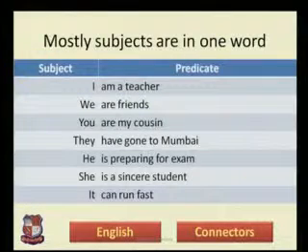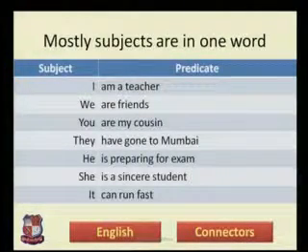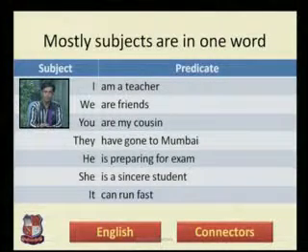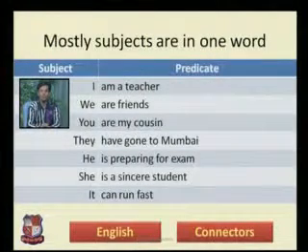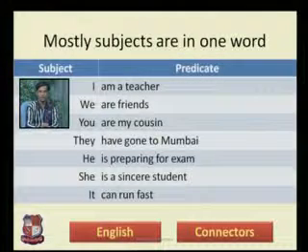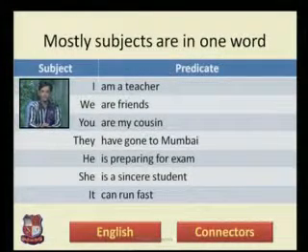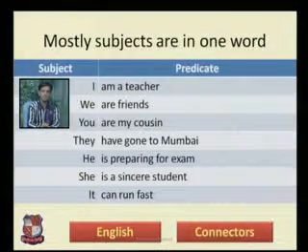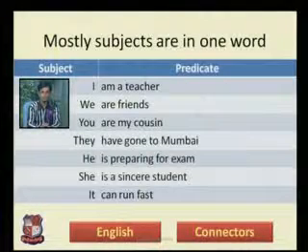Second sentence, we are friends, wherein we is a subject, are is a verb, and friends is a complement used for the subject we. It means in this sentence there are three components. Out of the three, we is a subject and are friends becomes a predicate.